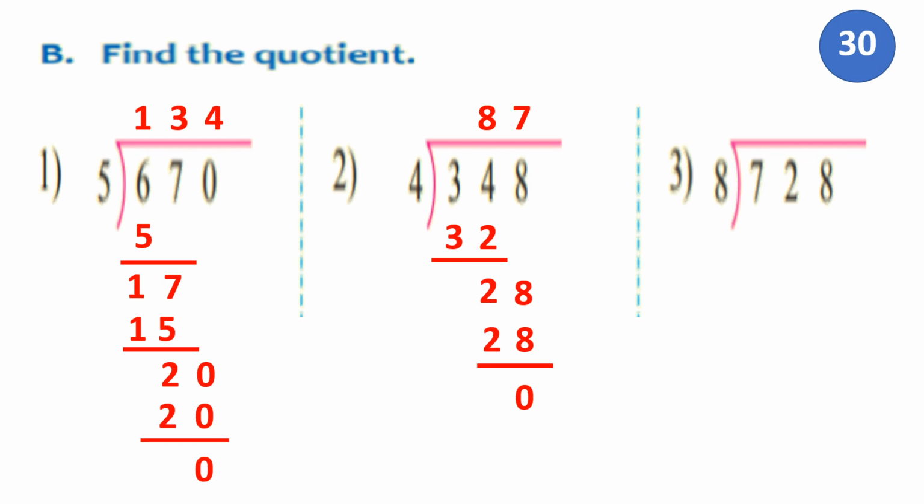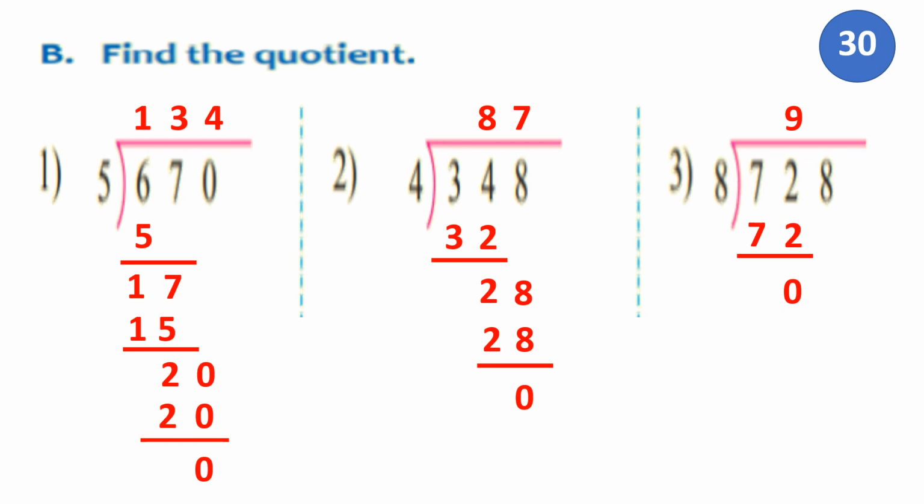You use the next number 2 to make it 72 divided by 8. Yes, the answer is 9. 9 times 8 is 72. Then you subtract here. 72 minus 72 is 0.